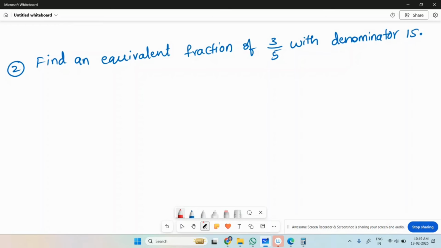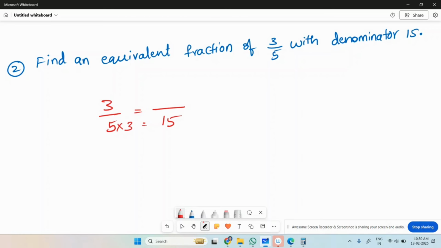Find an equivalent fraction of 3 upon 5 with denominator 15. That means 3 upon 5, and we do not know the numerator. Denominator is 15. We have to find out the numerator. To get 15 in the denominator, we multiply 5 by 3 to get 15.